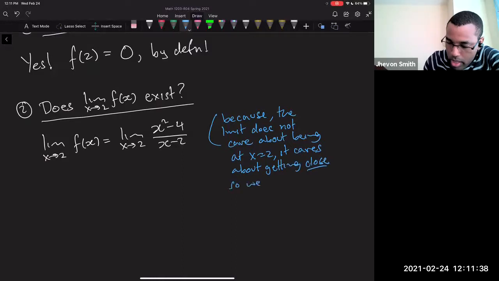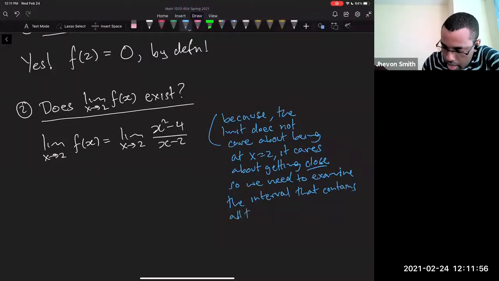So we need to examine the interval that contains all the values close to 2.